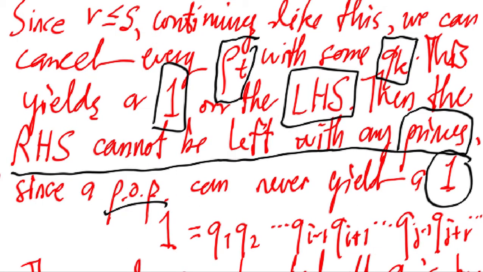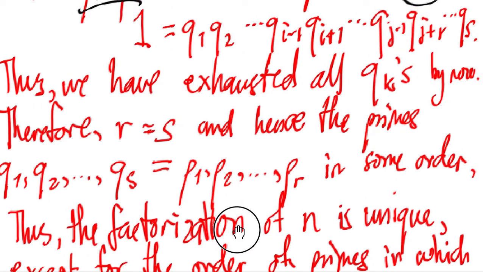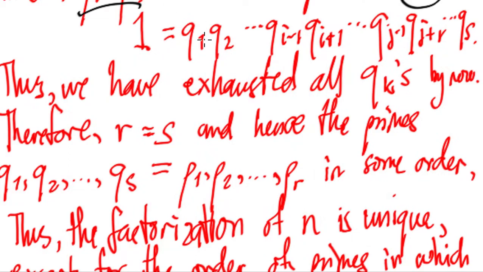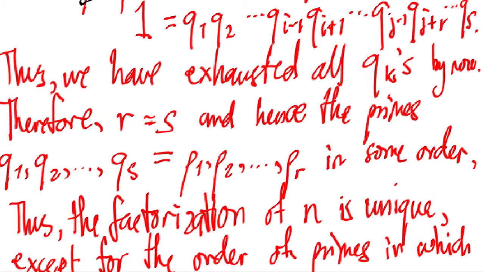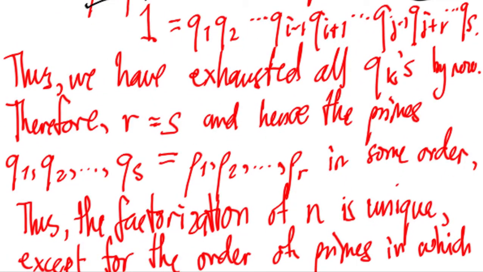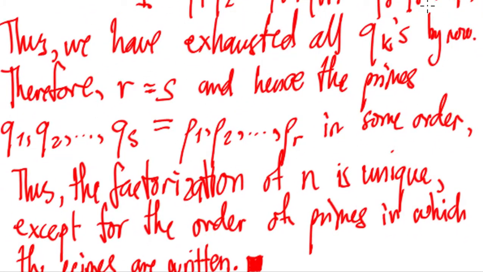Therefore, 1 is equal to the product of the missing q's, up until the missing q sub k. By now we have exhausted all the q sub k's.